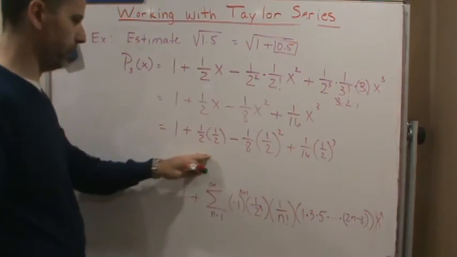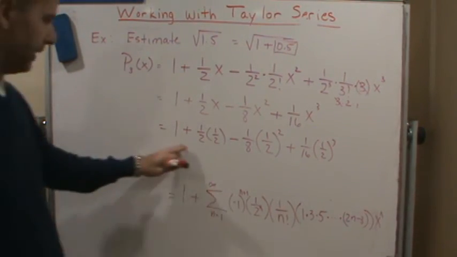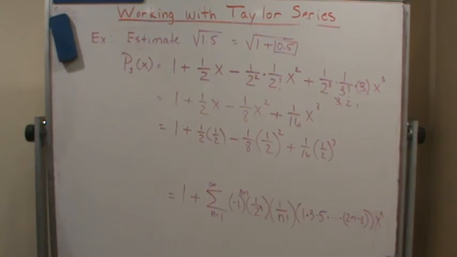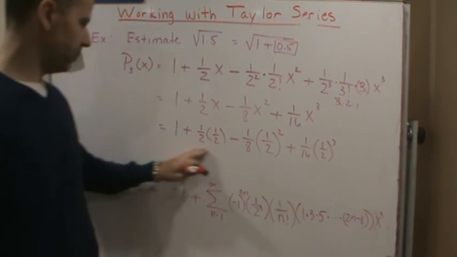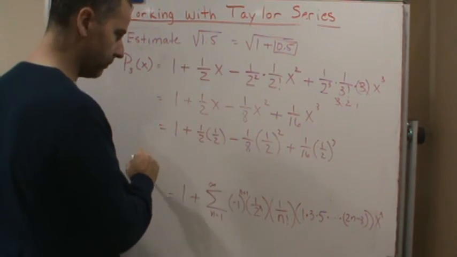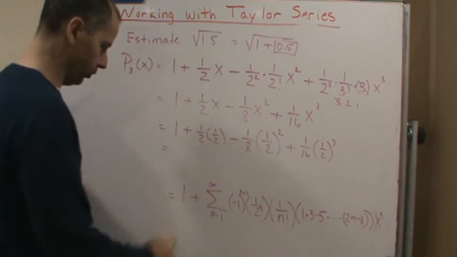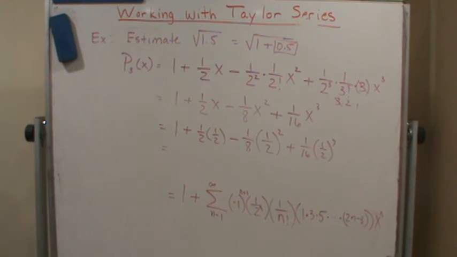Okay, so that's where I was before. I had the same thing, but I just wanted to erase it and rewind a little bit. So now, if you stick this in your calculator, you'll get something that is approximately equal to 1.2266.